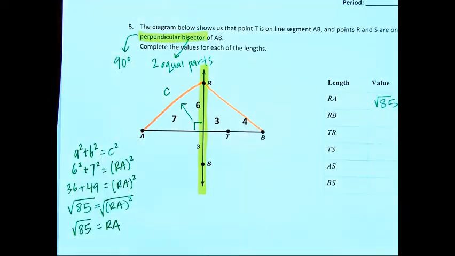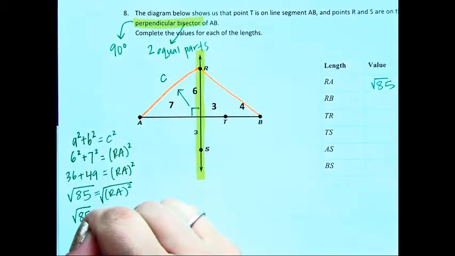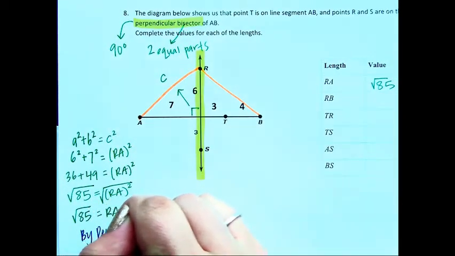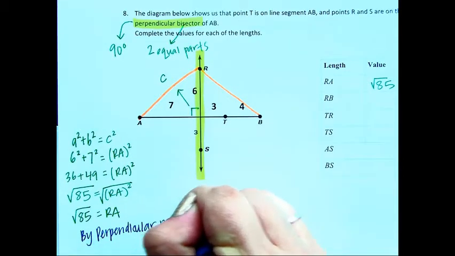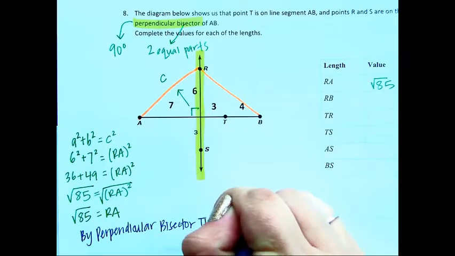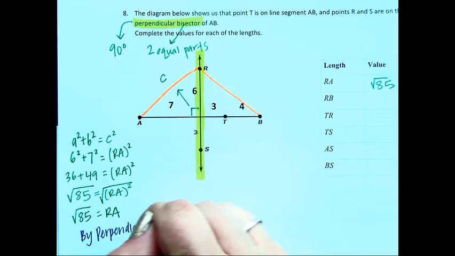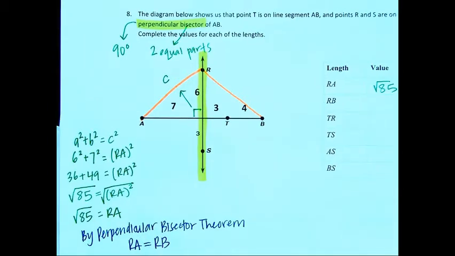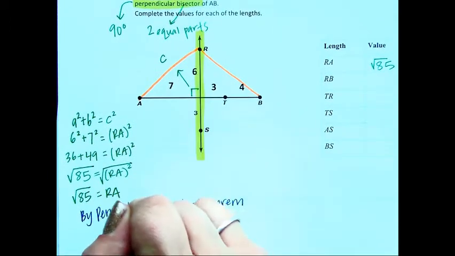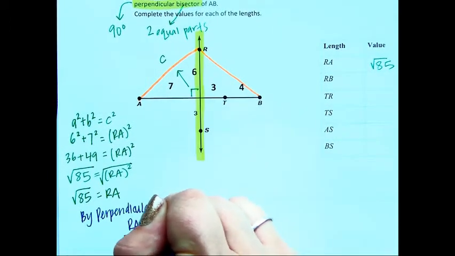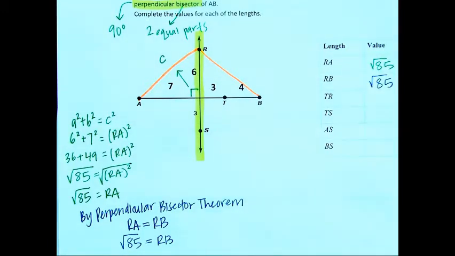So, to find RB, we're going to say by perpendicular bisector theorem, I'm going to say RA equals RB. And RA is the square root of 85. So RB is also going to be the square root of 85. So that's RB right there.